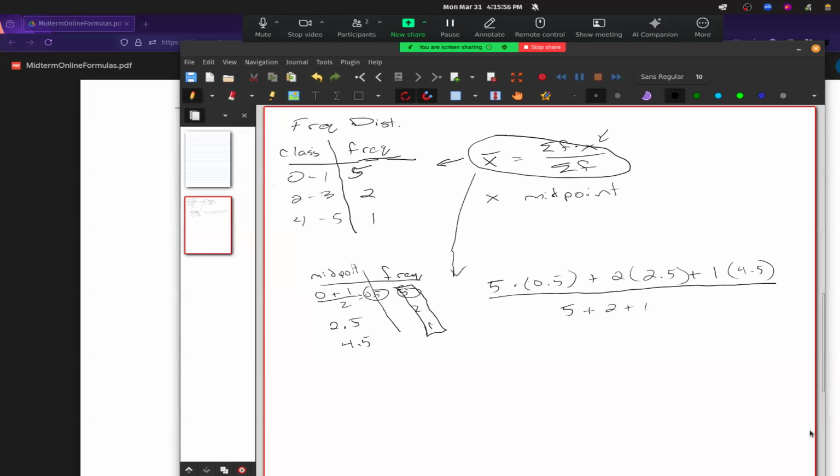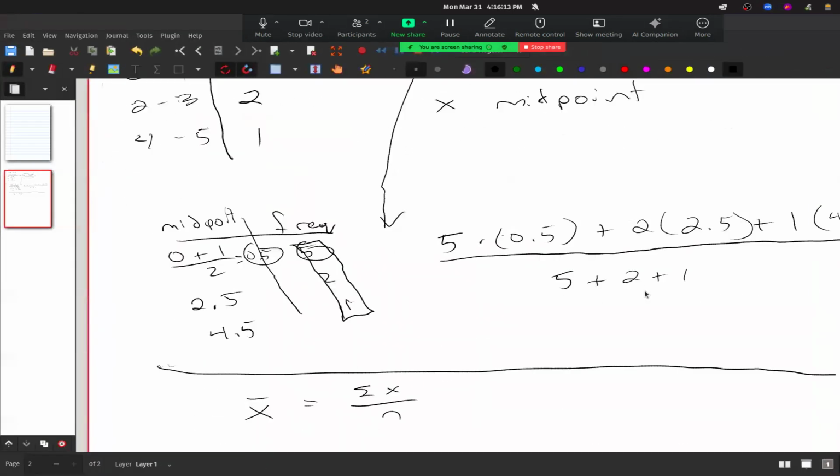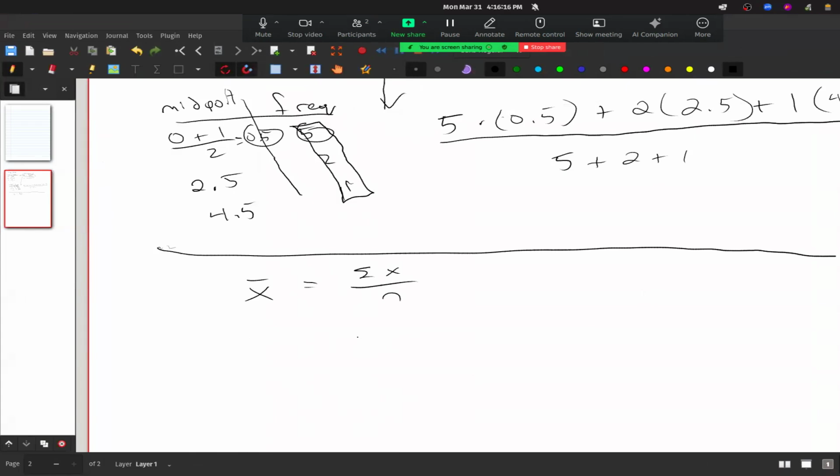All right, so the other mean formula, the first one we saw, that was x bar equals sum of x over n. And that's just what you usually think of as the mean, where you might have a bunch of data. So like, just make something up really quick: 5, 3, 9, 1.